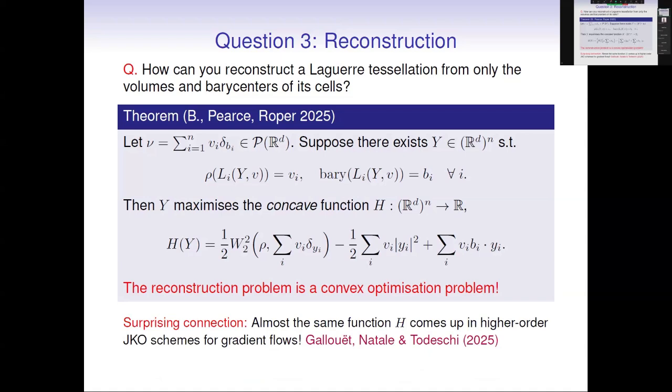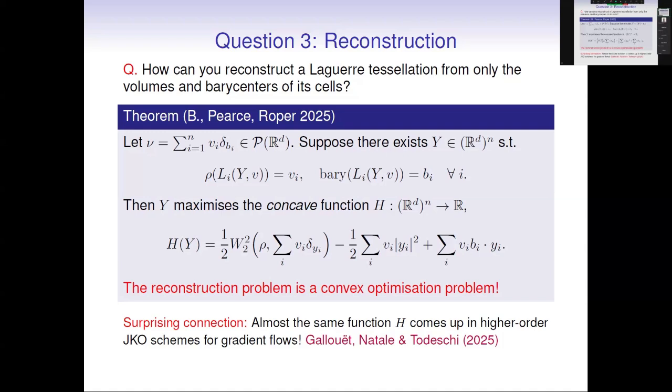The surprising connection is that this function H, almost exactly the same function, comes up if you look at higher order JKO schemes for gradient flows. So for example, the heat equation is the Wasserstein gradient flow of entropy, and in general, a lot of nonlinear non-local diffusion equations can be recast as Wasserstein gradient flows. And that was really important initially for theoretical purposes, like proving existence and stability.